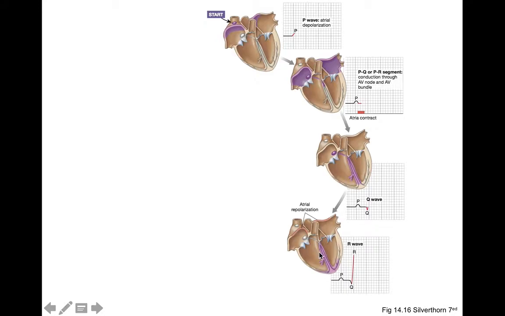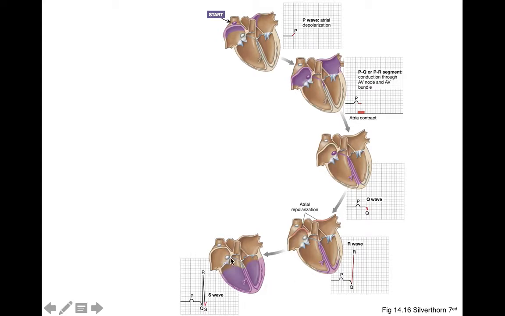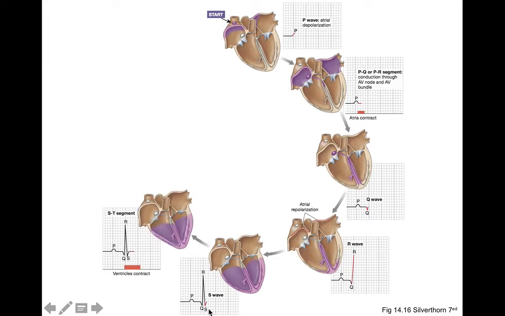Then when the depolarization starts to spread out through the ventricular walls, we see the large spike in the R wave. And then when the ventricles are just about completely depolarized, we see the S wave. And once the ventricles are completely depolarized, we return back to baseline.